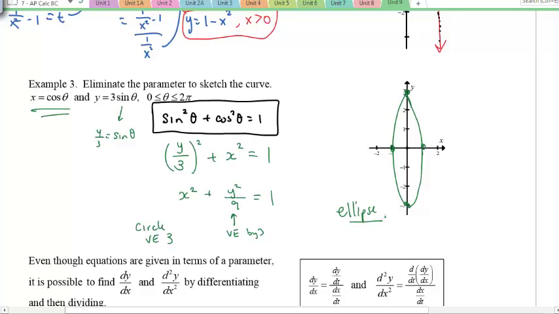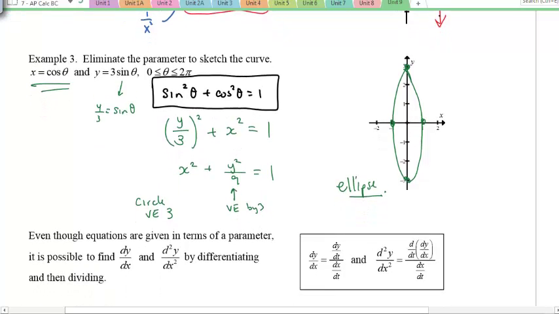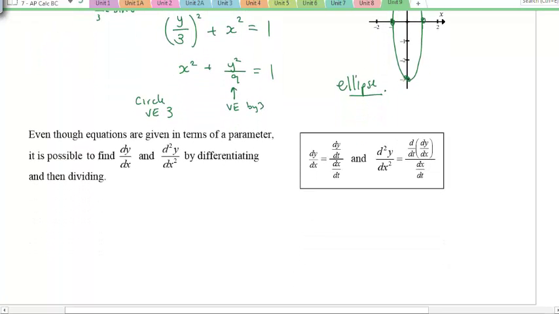Now, I've shown you 3 examples of parametric equations and how we can draw them out. No calculus involved until now, because even though equations are given in terms of a parameter, it is possible to find dy dx and d squared y dx squared, so the first derivative and the second derivative, by differentiating and then dividing.